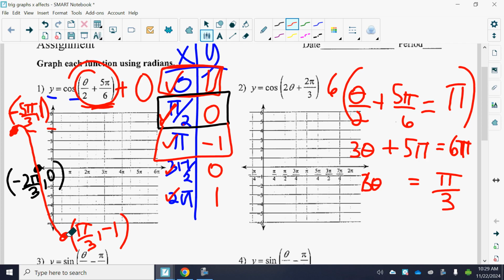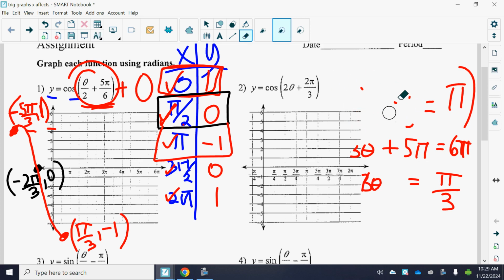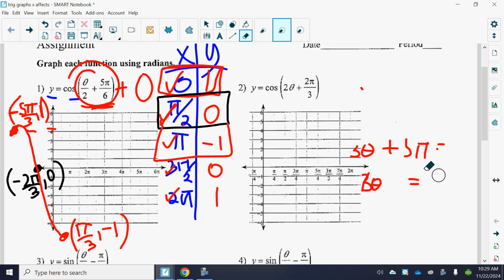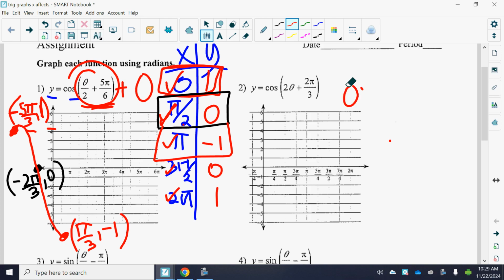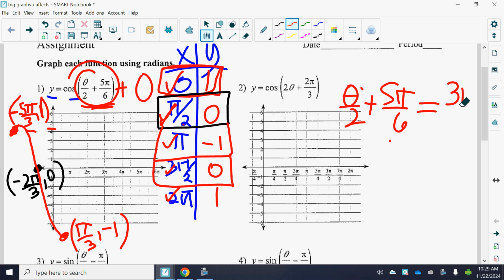Those that are good at math can do the next one without solving. Why can you do the next one without solving? It's just a counting principle at this point. Who am I setting here? Theta over 2 plus 5 pi over 6. Public enemy number 4. You lost count.